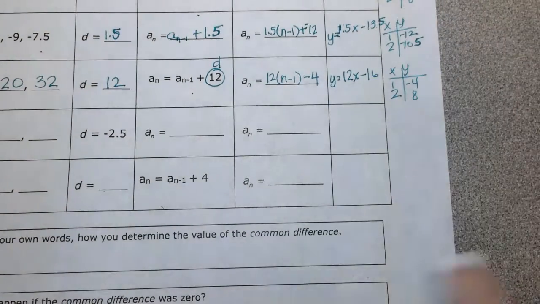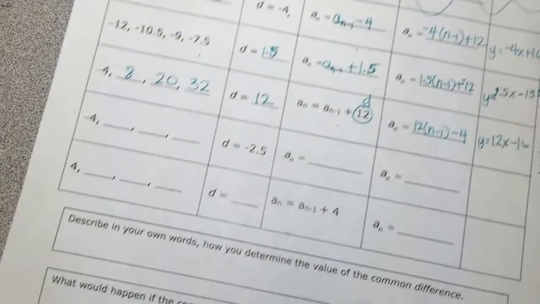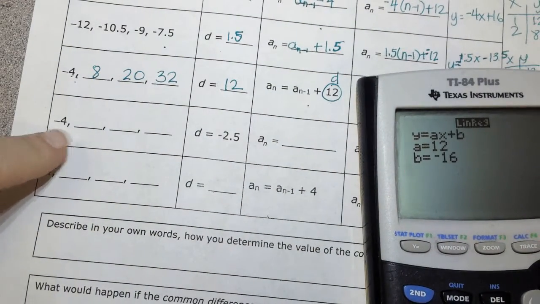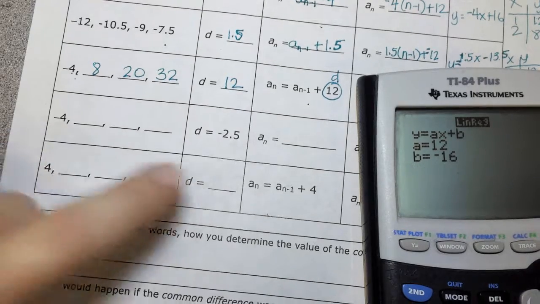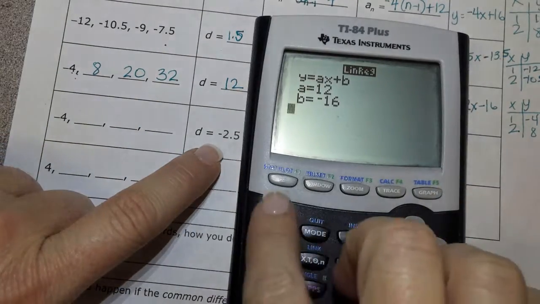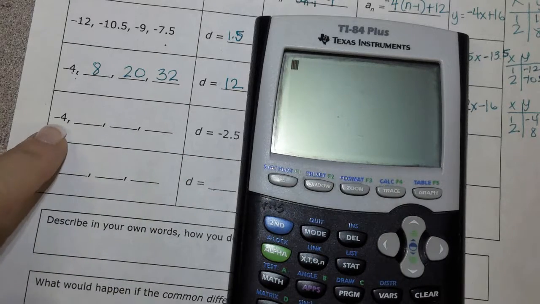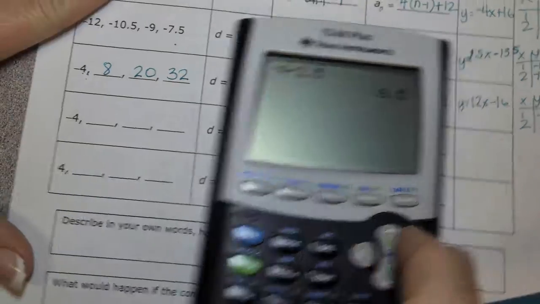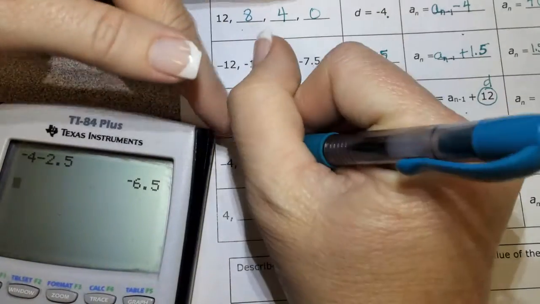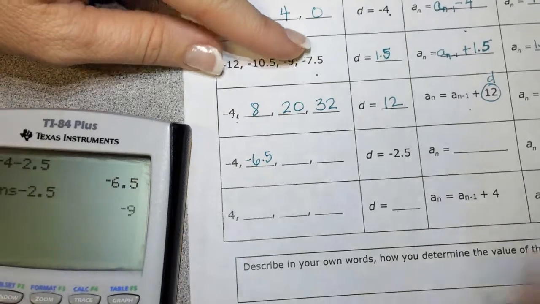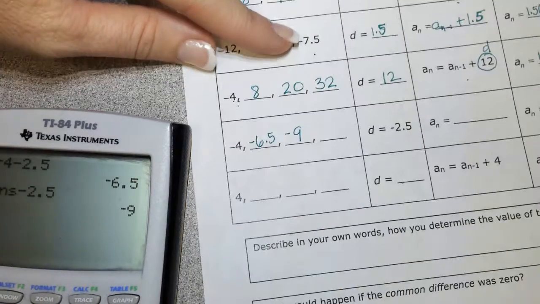All right, next one. Okay, so this time they've given me the first term of the sequence, and that the common difference is -2.5. So I'm going to start at -4 and just subtract 2.5 from it. So that gives me -6.5, and then I'm going to subtract 2.5 again. That gives me -9.